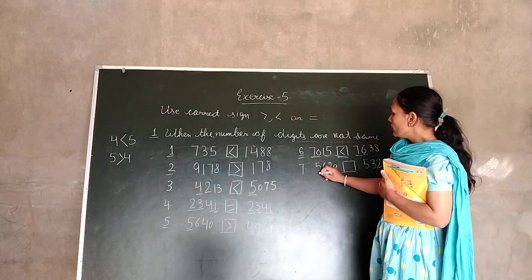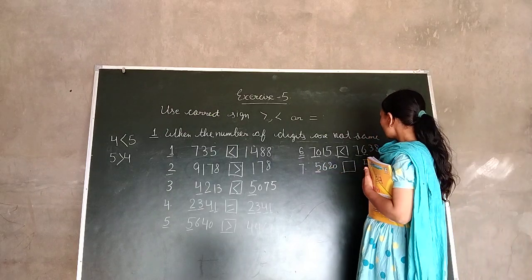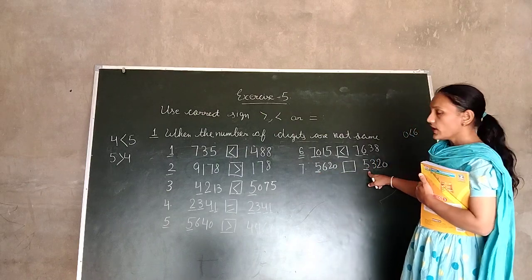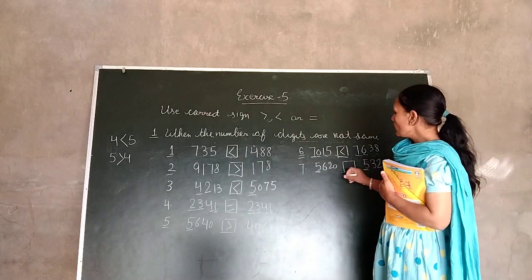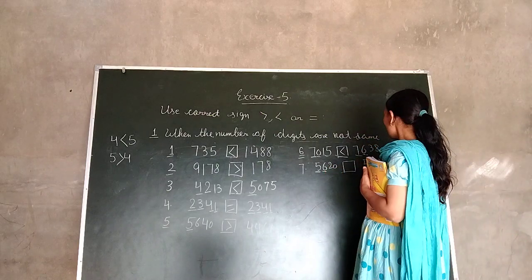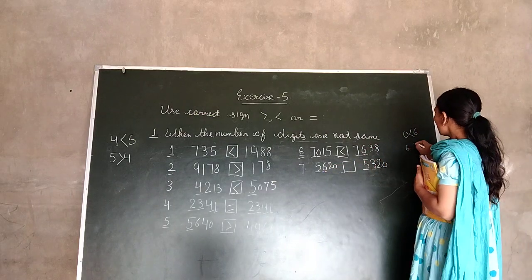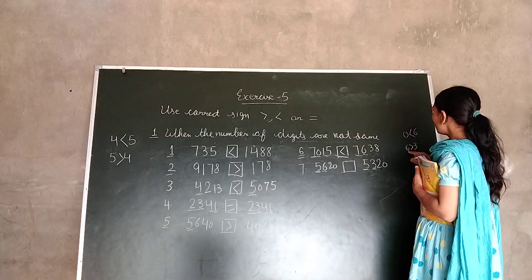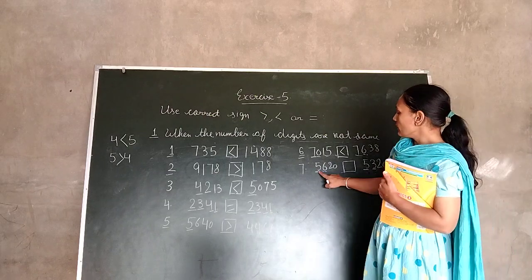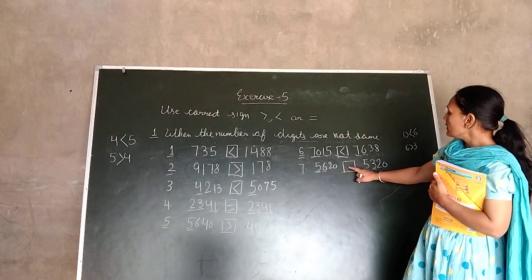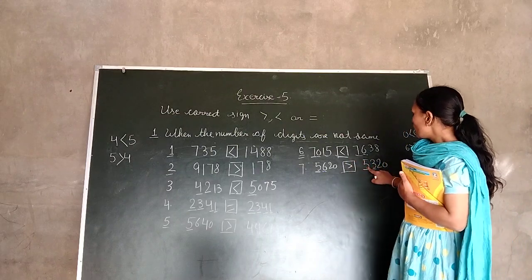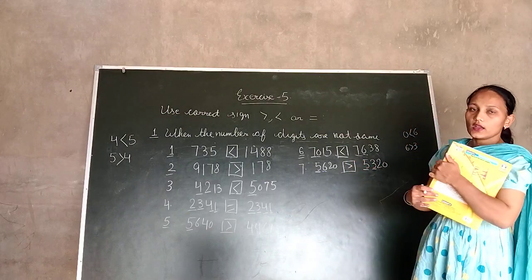What we will do? We will compare the digit in thousand place. Both are 5. So we will compare the digit in hundred place. Here we have 6 and here we have 3. So 6 is greater than 3. What it means? 5620 is greater than 5320.